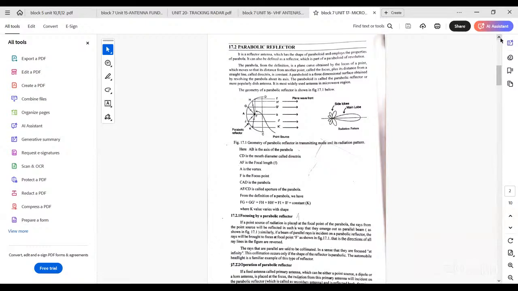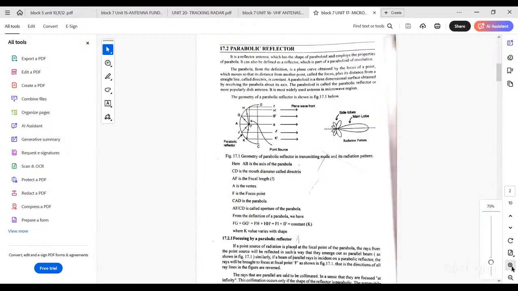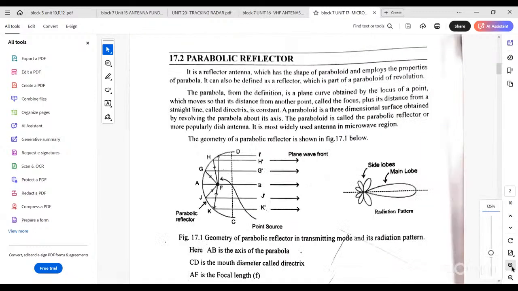Two types of diagrams we will see. Just observe this diagram. The topic 17.2. The concept is easy to learn. Here you have an umbrella shape, a rough diagram.